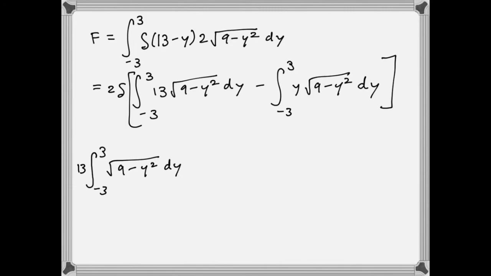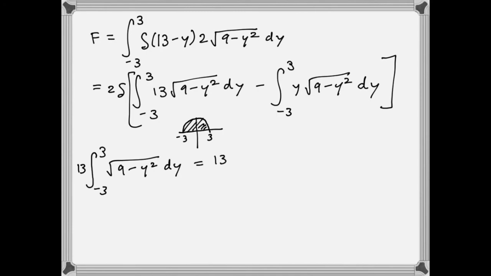What would this look like? I'm hoping you remember that if you have a function, square root of 9 minus x squared, you're talking about an upper half circle, and we're going from negative 3 to 3, so really this is just the area of a half circle. And we know what that is. That's pi r squared over 2, isn't it?